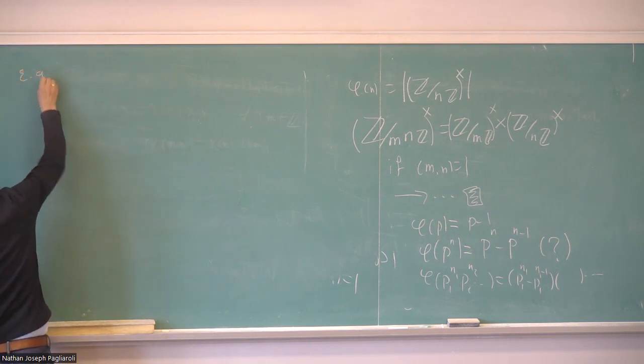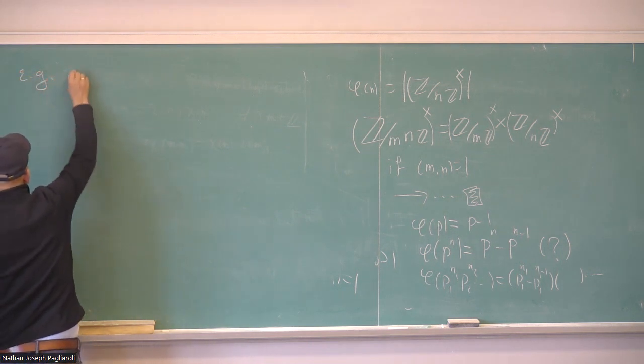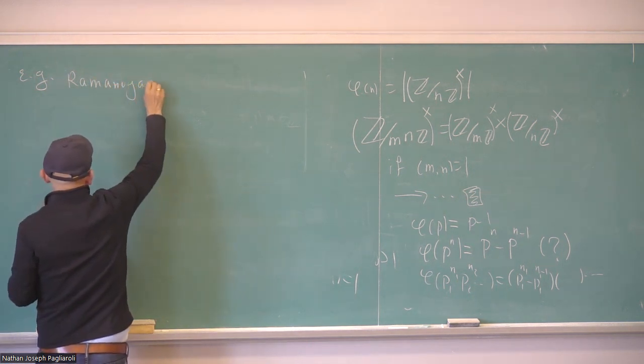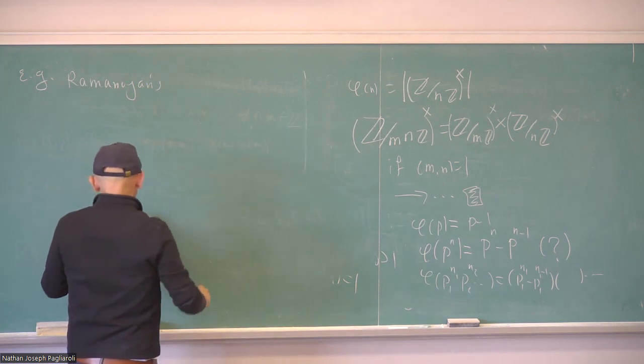So there's another example. This is Ramanujan's tau function.